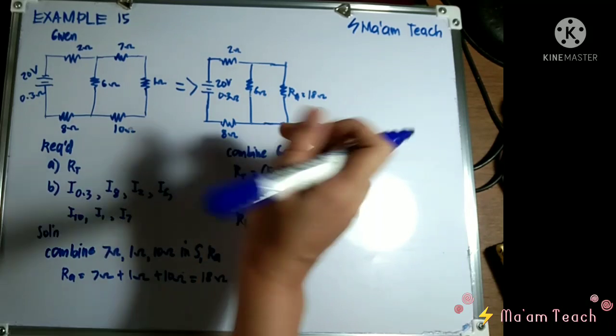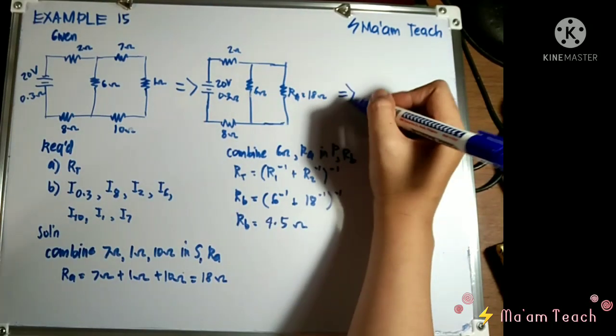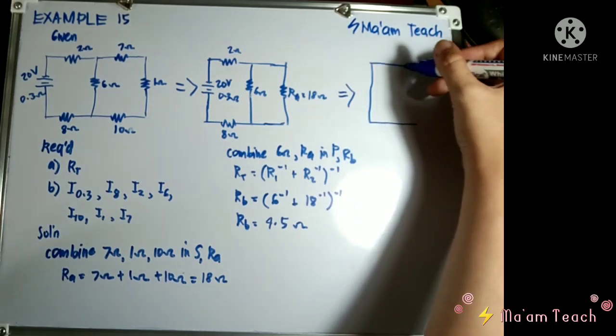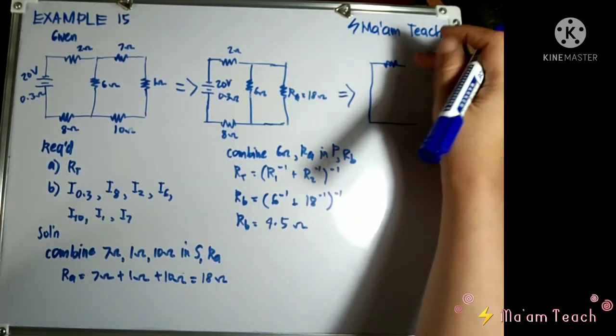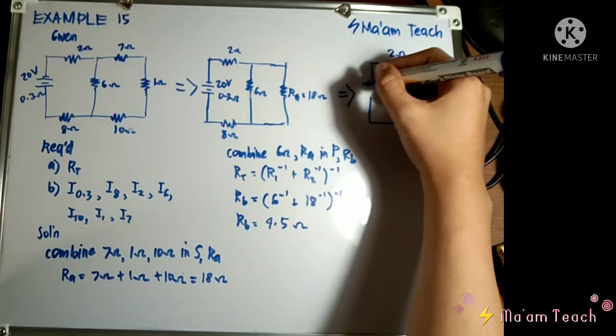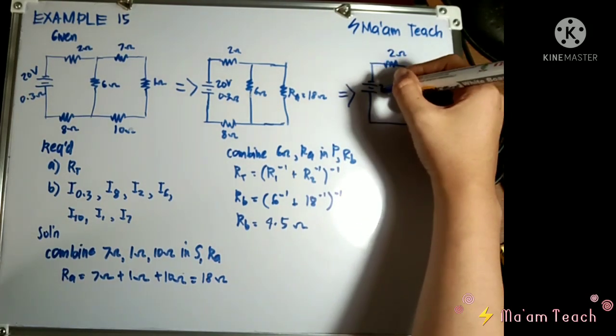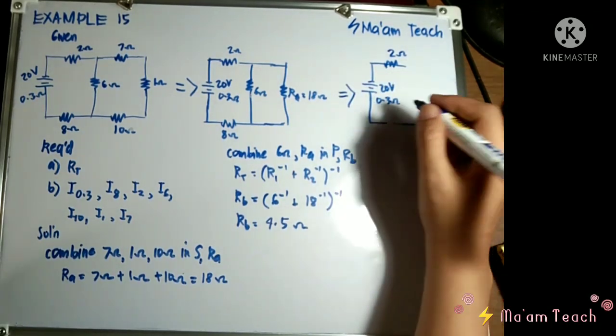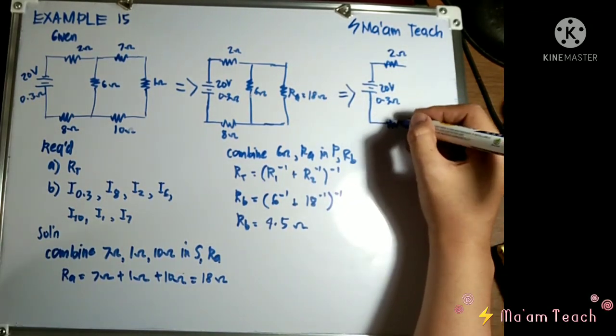So what will happen is our circuit will become like this. This is already 2 ohms. This is our voltage source, 20 volts, 0.3 ohms. We have here 8 ohms.